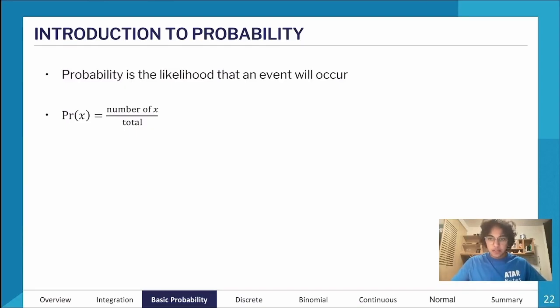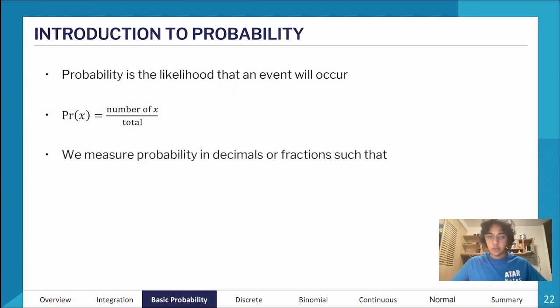For example, if I flip a coin 10 times and I want to know the probability of getting tails 5 times, I need to flip it 10 times and take account of how many times tails has popped up, and then I divide that. Theoretically it would be 5, right? And so I'd do 5 divided by 10, and that'll give me the probability of getting a tails.